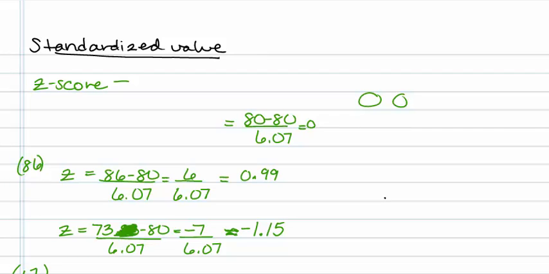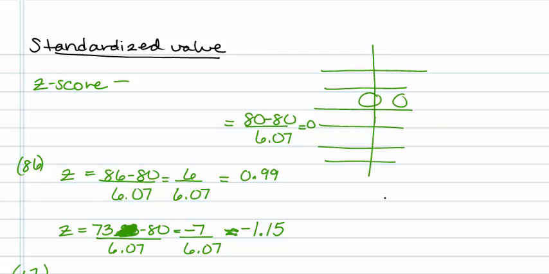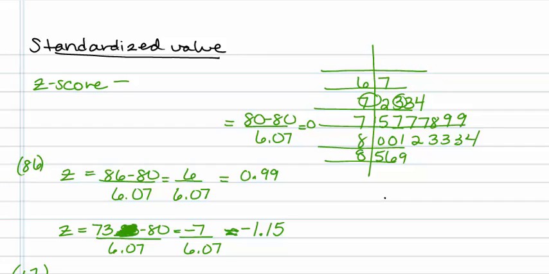If you were given a lot of data, and I'm just going to use some data from the book: 6, 7, 72, 73, 73, 74, 75, 77, 77, 78, 79, another 79, 80, 80, 81, 82, 83, 83, 83, 84, 85, 6, 89, 90, and 93.